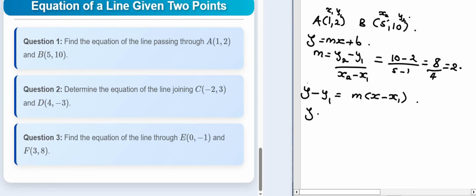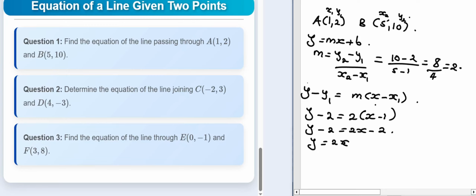So it becomes y minus, what is y1? It's 2. Is equal to 2, because 2 is the gradient here, into x minus x1, and x1 is 1. So it becomes y minus 2 is equal to 2x minus 2, which becomes y is equal to 2x.